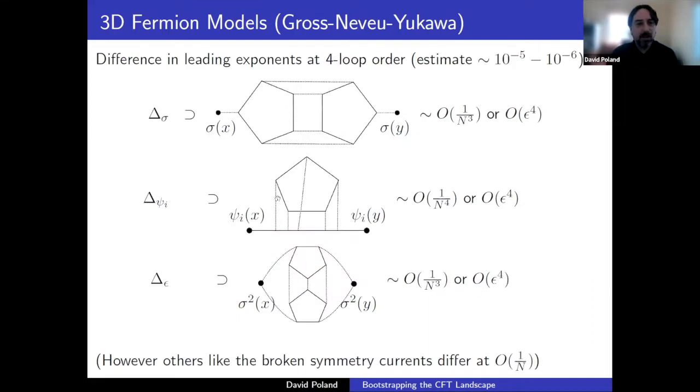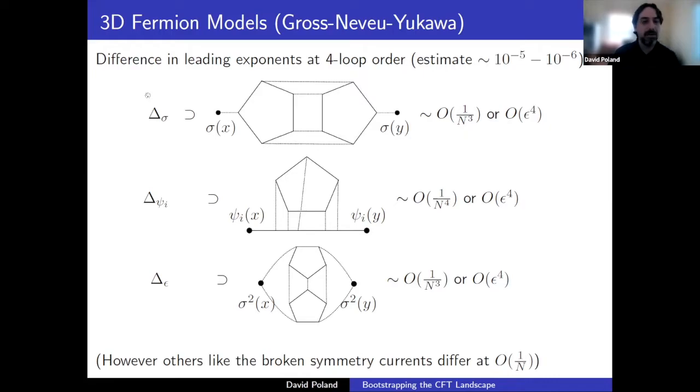In particular, if you look at the leading scaling dimensions or leading critical exponents in these models, the scaling dimension of sigma, the scaling dimension of psi, the scaling dimension of epsilon, which is like sigma squared, then you actually have to go to four loop order in order to see a difference between the two models and get sensitive to this difference in sign of the Yukawa couplings. This means we expect the difference in these leading exponents to be quite small.